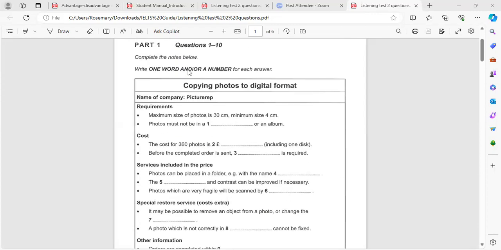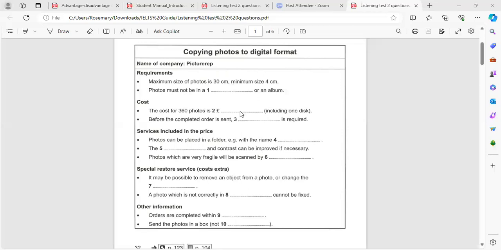The instruction given here is one word and/or a number. When you are given the time to go through the questions, it is clear that it is required to fill in a number here. Likewise, you can predict the answers.